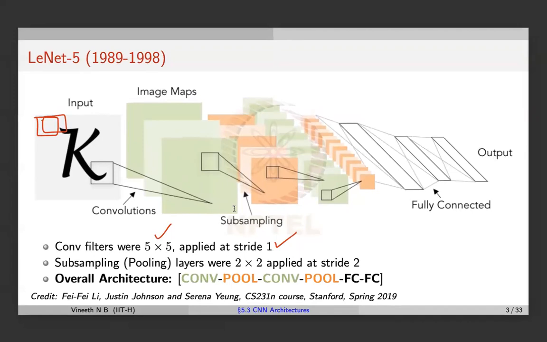So they applied a stride of 1 and a convolution filter of 5 by 5. After this convolution block, they used a pooling block of size 2 cross 2, and they applied a stride of 2 here. So the overall architecture is convolution layer, pool layer, convolution layer, pool layer, then FC.